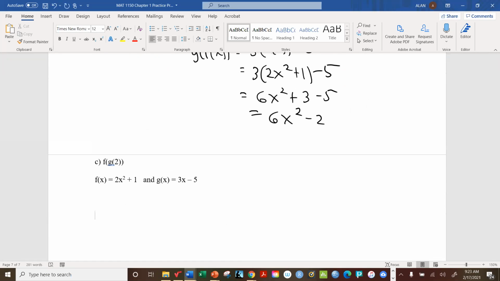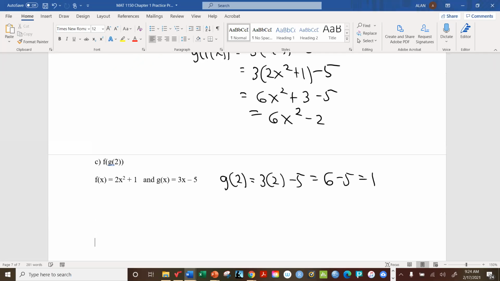What you need to do here is evaluate g of x when x equals 2. So in other words, g of 2 would mean 3 times 2 minus 5, 6 minus 5, which is 1.